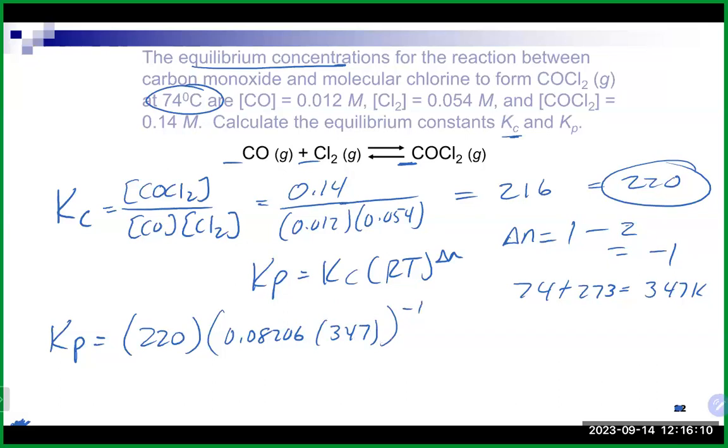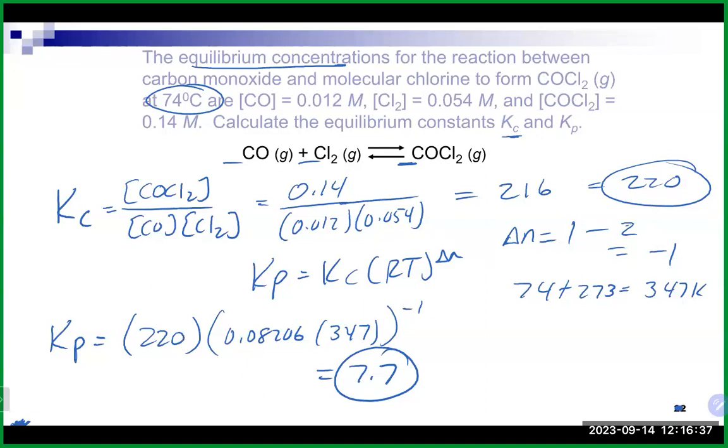So you do want to clean up what's in the parentheses first, and then take it to the -1. So 0.08206 times 347, and basically 1 over that number, times 220, and we'll end up with something like 7.7. Maybe you get 7.6 if you took the 216 number through there as well.